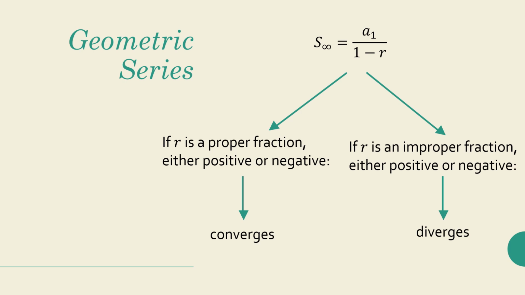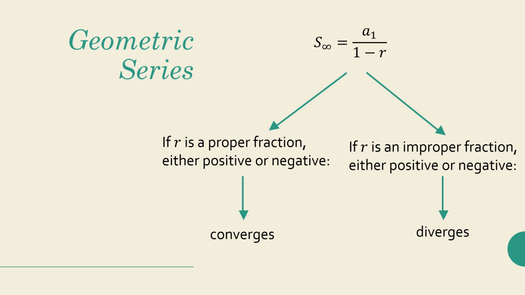So remember, you will have a concrete sum of the infinite series if your common ratio is a proper fraction, like 2/5, negative 1/2, or negative 5 over 7. But there is no concrete sum, or the sum does not exist, if the common ratio is an improper fraction, either positive or negative. That's why the sum diverges.